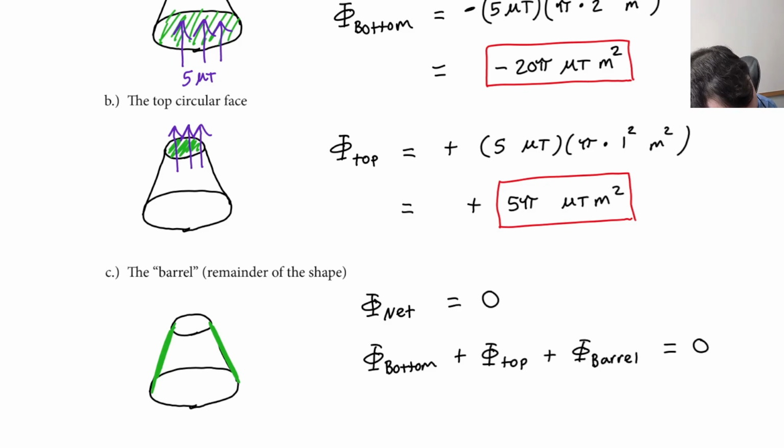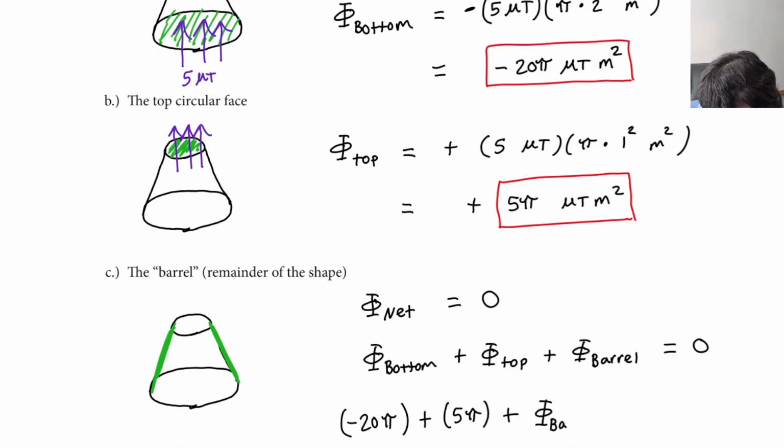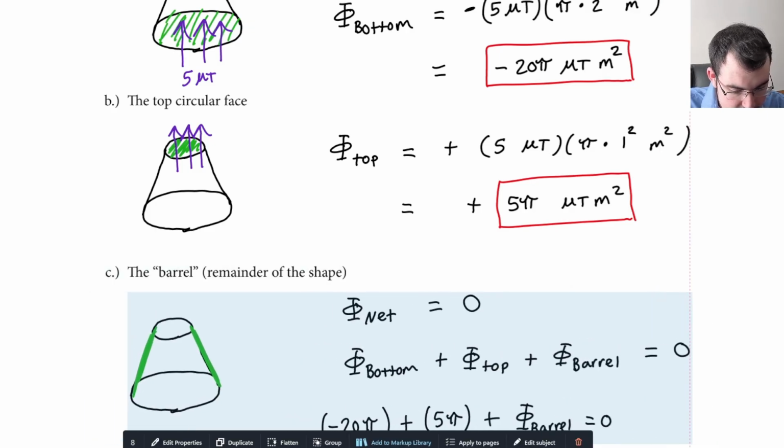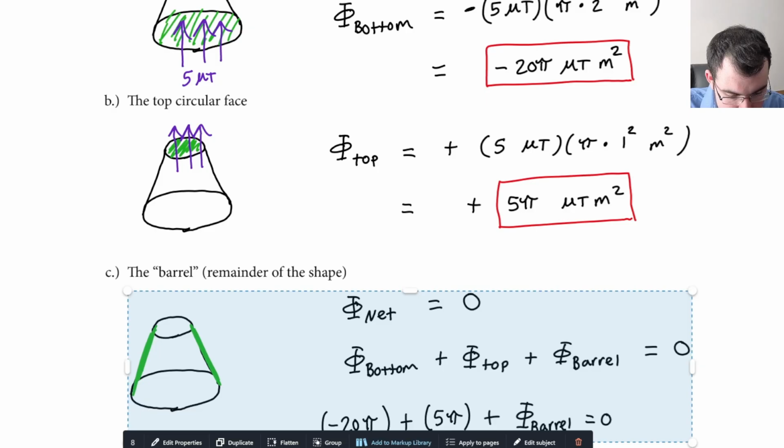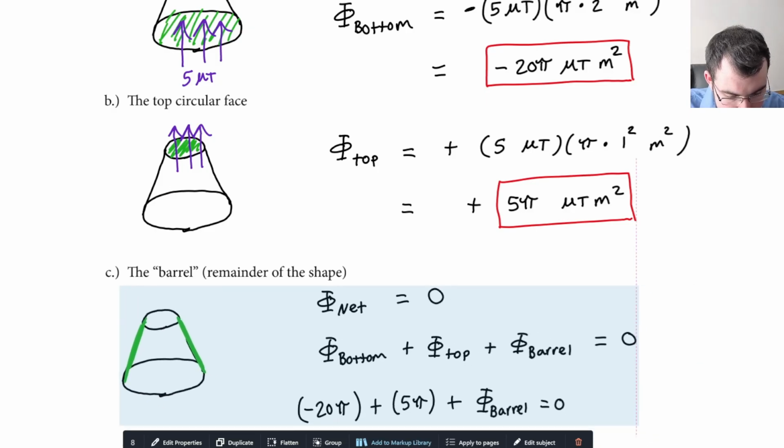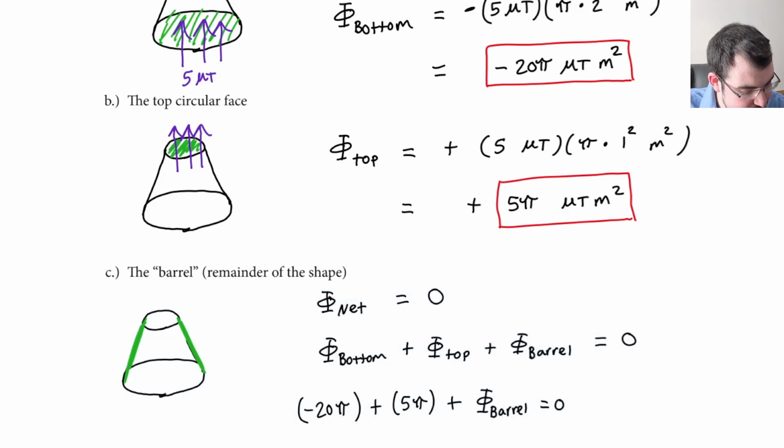So the flux through the bottom was negative 20 pi. The flux through the top was 5 pi. And I don't know the flux through the barrel. So, of course, we can solve this, and I have to scoot this a little bit, and we're going to shrink it so I have space.